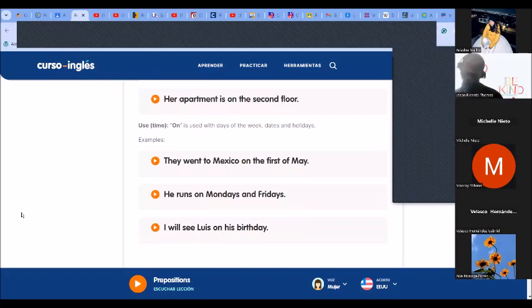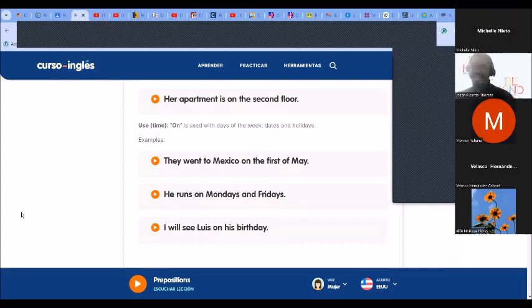Continue, Johanna. On is used with days of the week, dates, and holidays. Examples: They went to Mexico on the 1st of May. He runs on Mondays and Fridays. I will see Luis on his birthday. Right? Now, you must wonder, but time, teacher? That's strange. It feels a little strange because you are specifying time, which feels like it's always moving. But there's a reason.